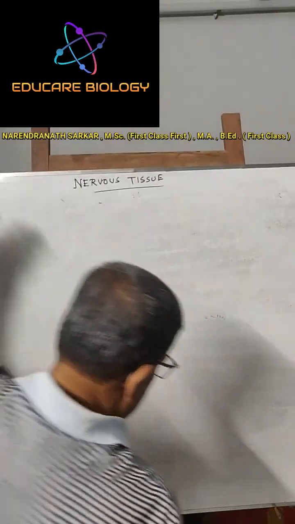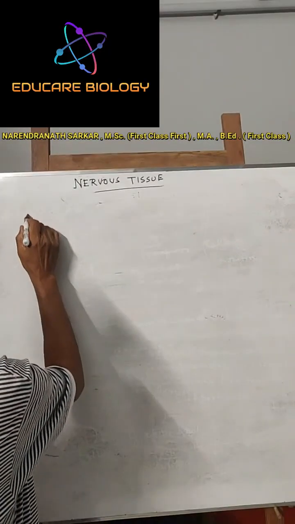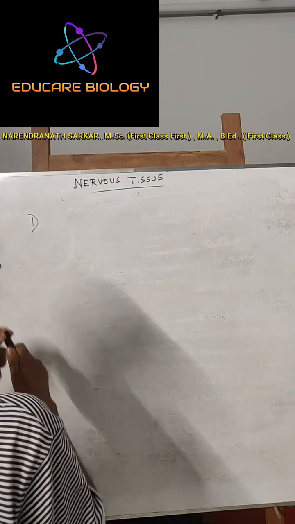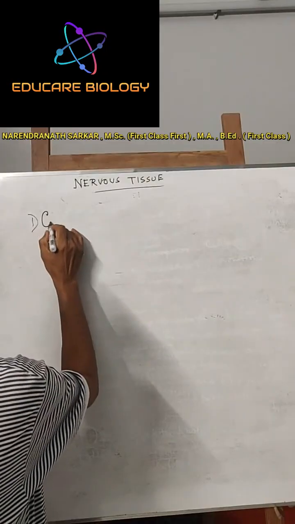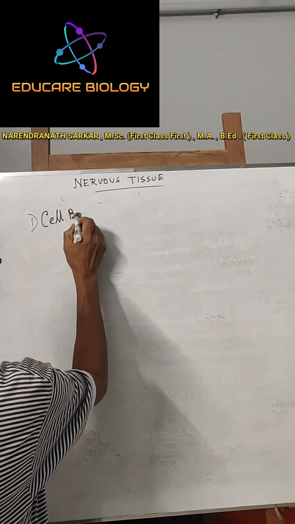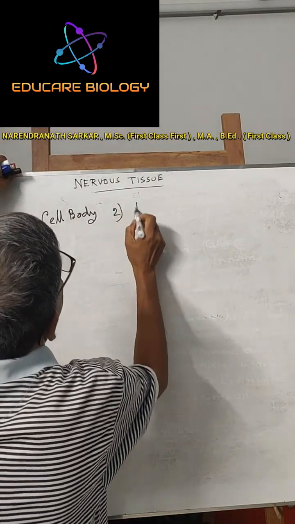Now, a neuron has three parts. One, the cell body, the cyton. Two, dendron.